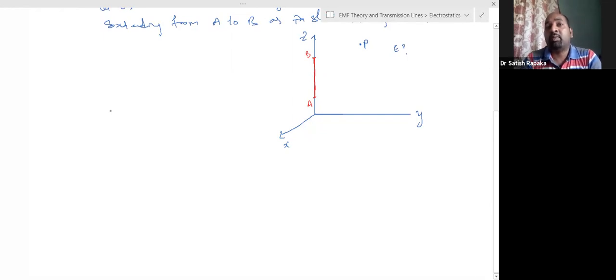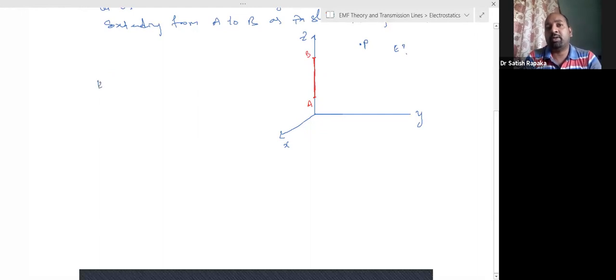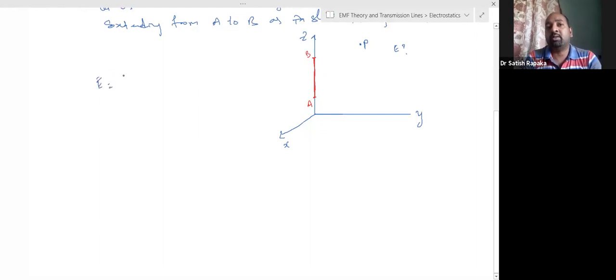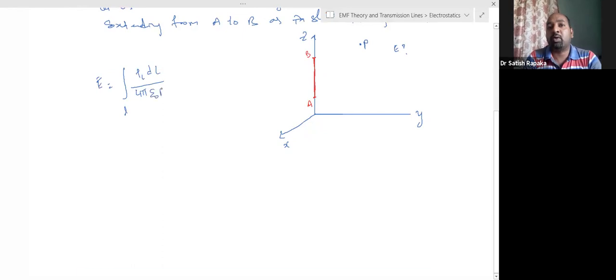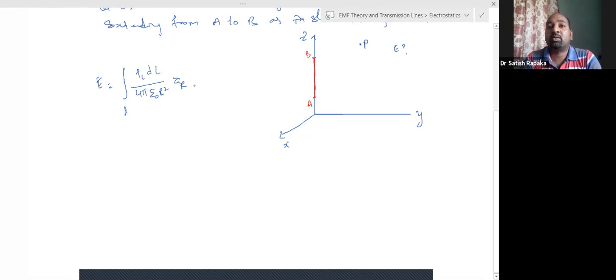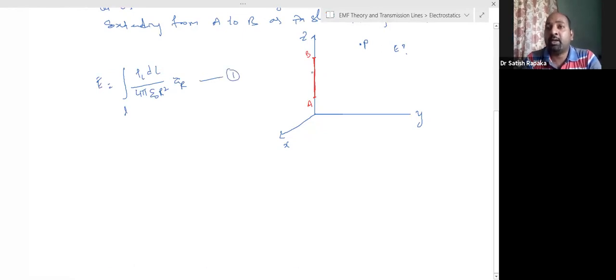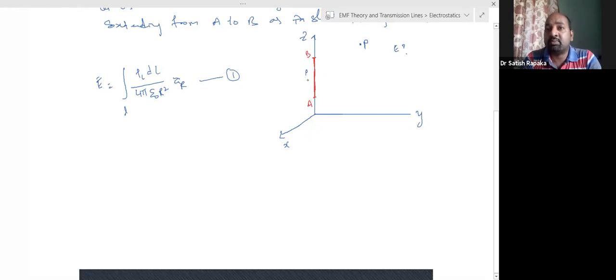So the electric field due to line charge, as I have given above, once again I will write down here: E bar is equal to the line integral of rho L dl by 4 pi epsilon naught r square AR bar. Rho L is the line charge density.